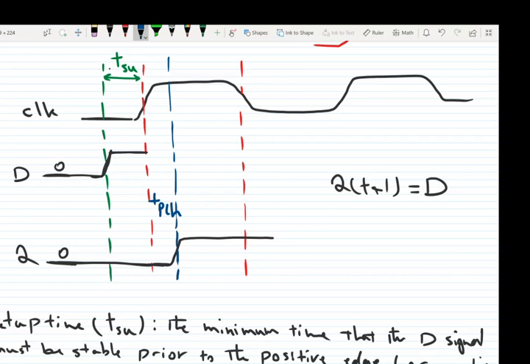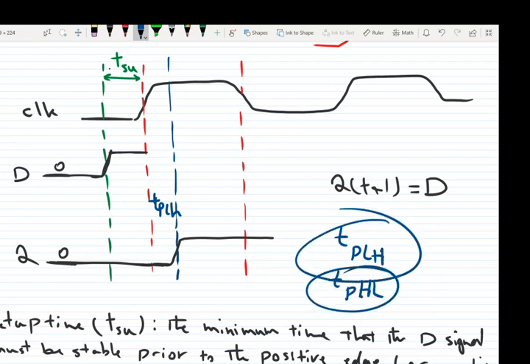For changing the output from 0 to 1, we might have one propagation delay, which is different than the propagation delay for the falling edge. So we have propagation delay from low to high, and from high to low. They can be the same, that's okay, but they can also be different.